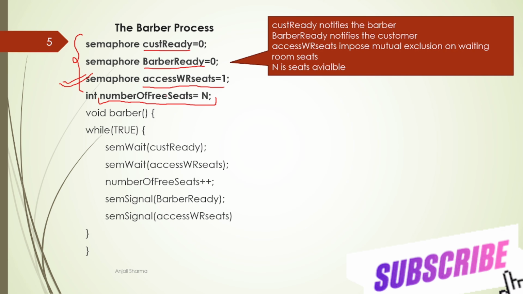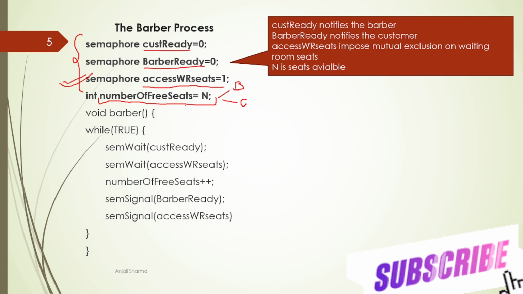Customers are going to decrease the number of free seats, and the barber is going to increase the number of free seats, right? That means both the barber process as well as the customer process will be trying to work on this particular variable, that is number of free seats, right? Both cannot operate on it at the same time, and that would lead to your race condition.